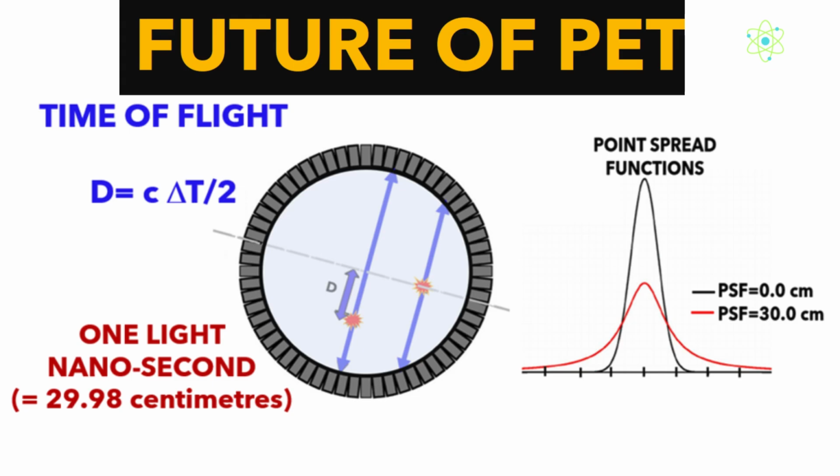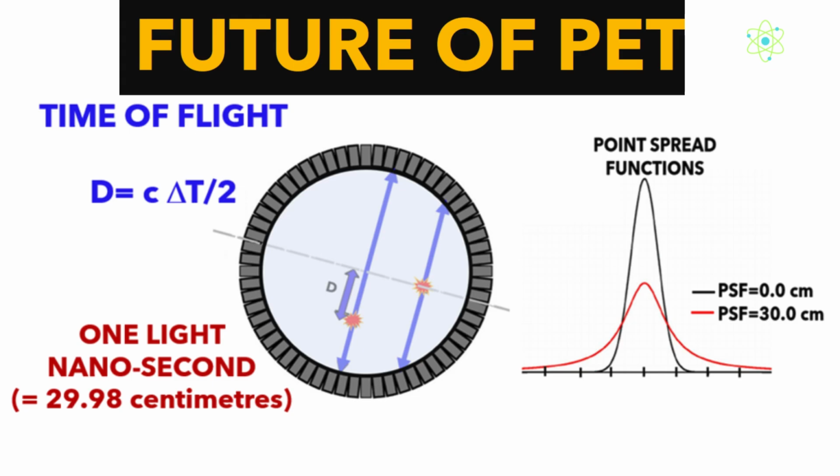So why is this important? Time-of-flight PET scanners can measure these time differences very precisely, which significantly improves the accuracy and resolution of the images. This means better lesion detection and more precise measurements. And these are crucial for things like cancer diagnosis and treatments.